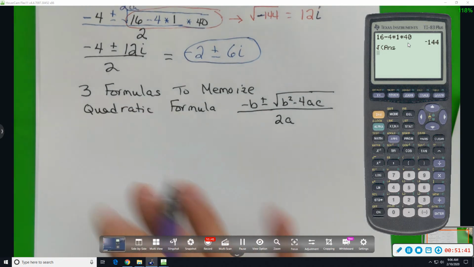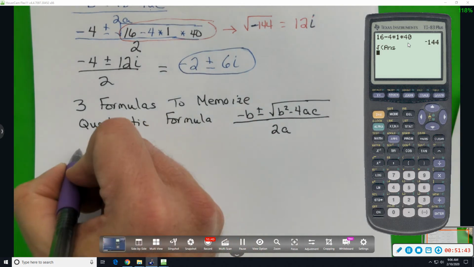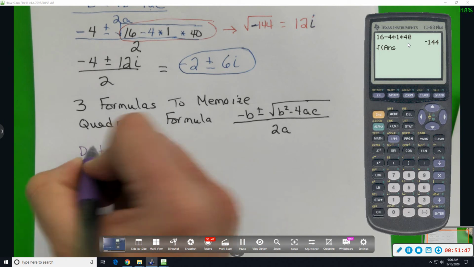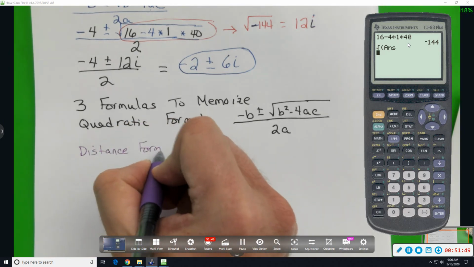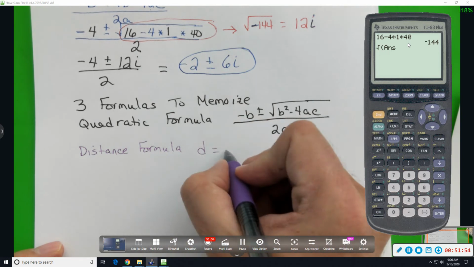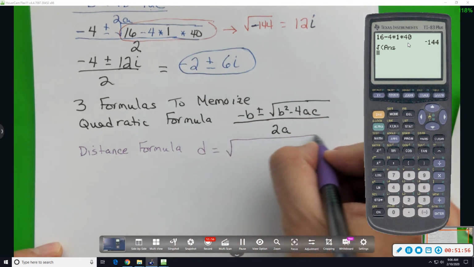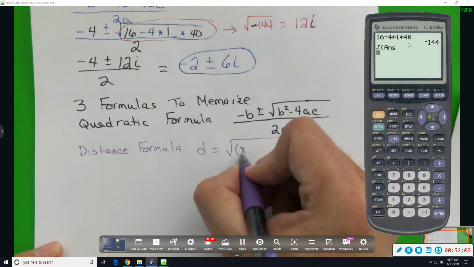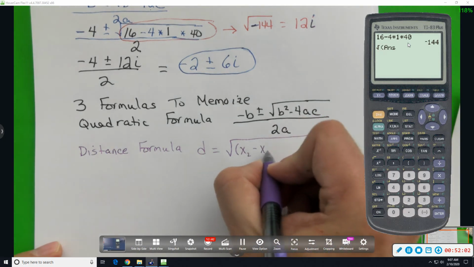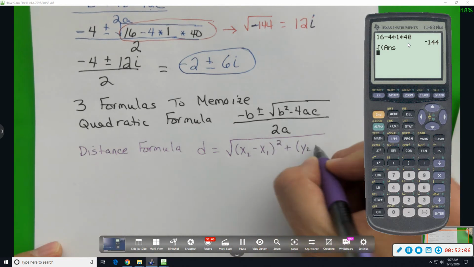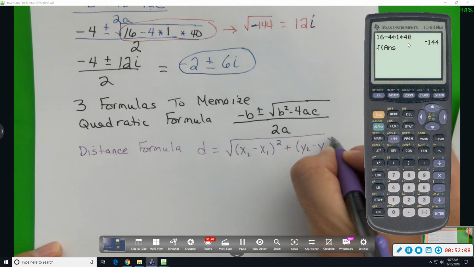We got the distance formula: d equals the square root of second x minus first x squared plus second y minus first y squared.